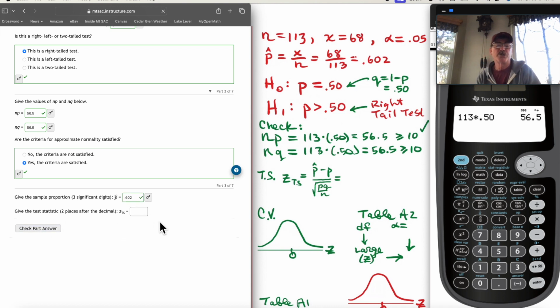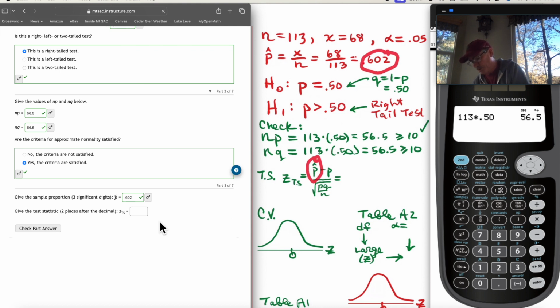Then we need to do our z-statistic. Down here, we're just going to put our p-hat value in, which was 0.602. For p, we're going to use 50%, which is what is assumed to be true in the null hypothesis.